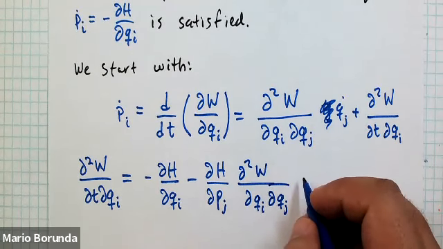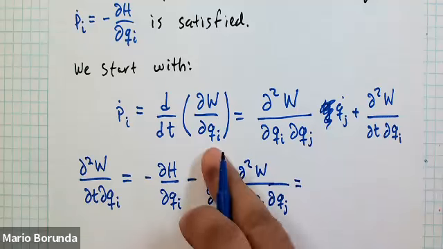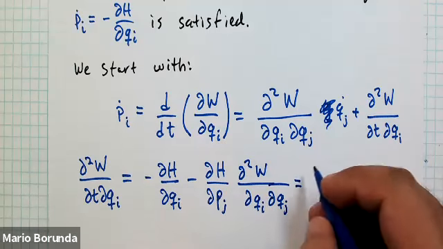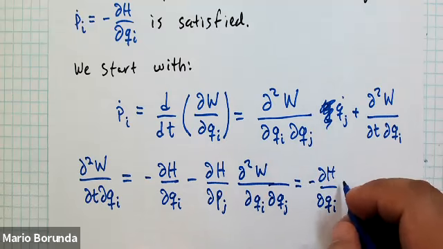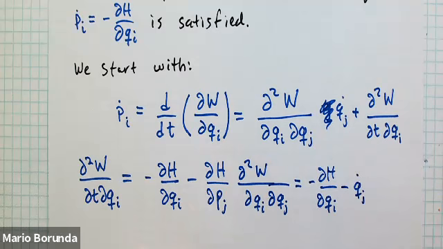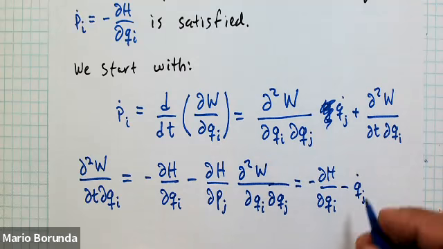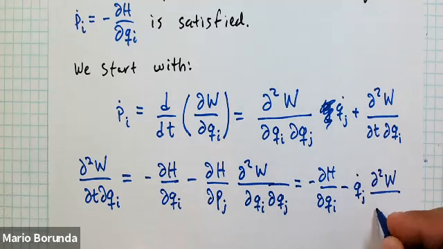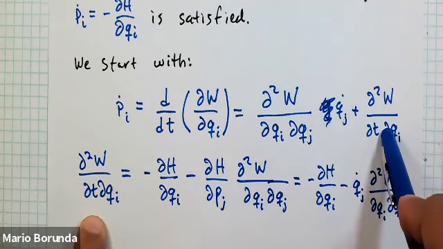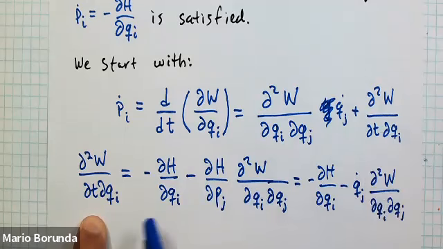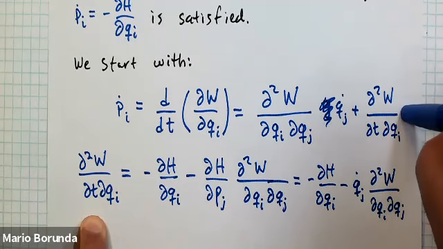And what this is, because we know what this guy is right here, is qi minus q dot j, with second derivatives in qi and qj. So now we have that this one is this equation right here, and I could stick that one back over here.